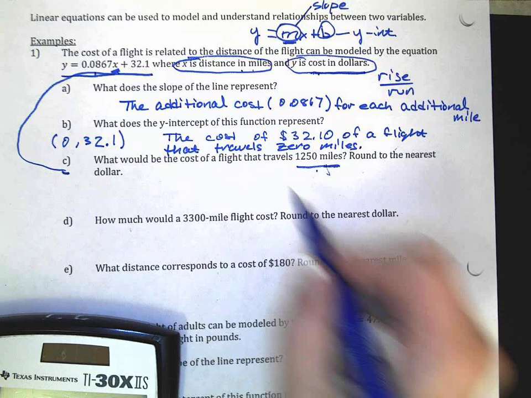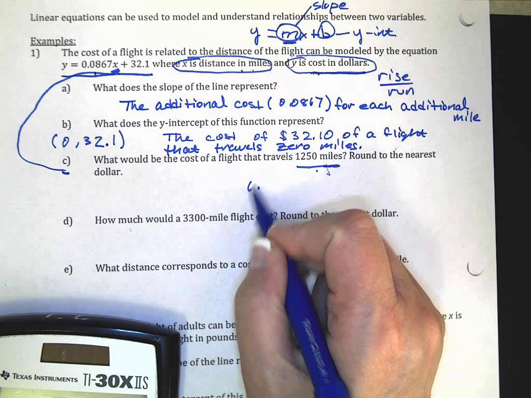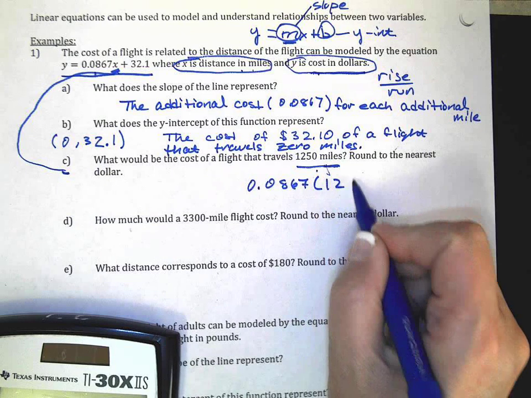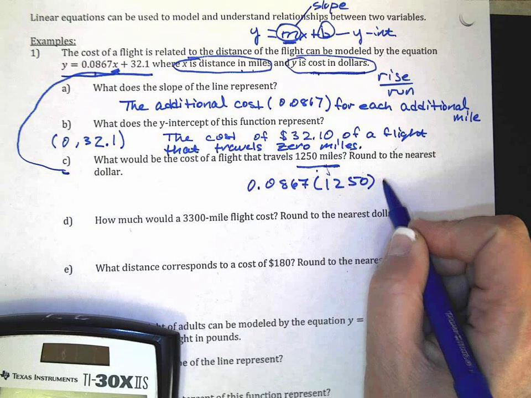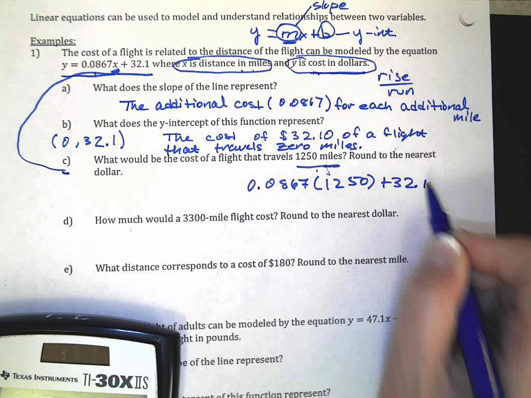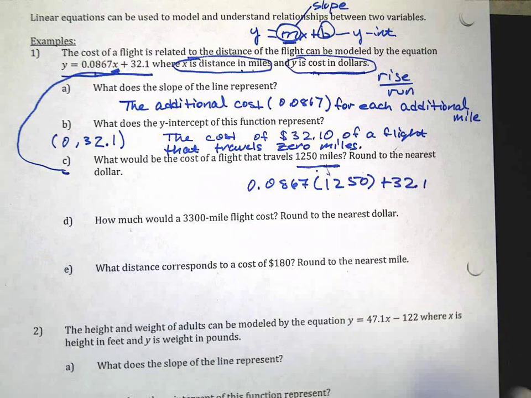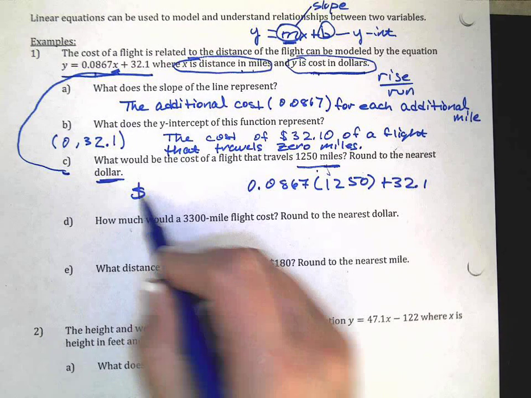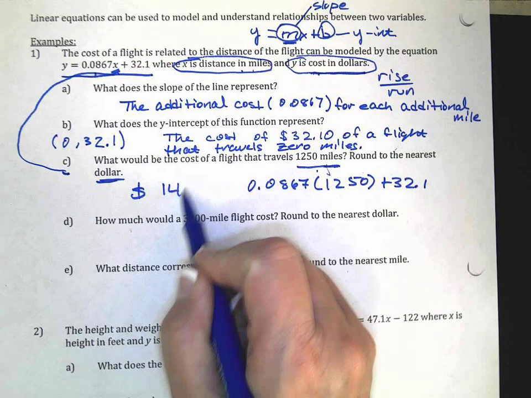So in this equation we have 0.0867 times x, which is 1,250, then plus 32.1. So if you get your calculator out and type that in, we are going to round to the nearest dollar, so our cost would be $140.